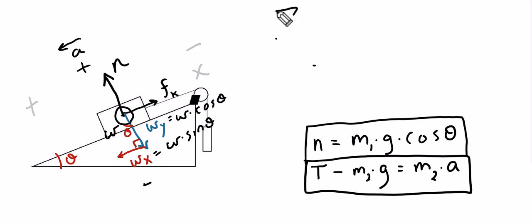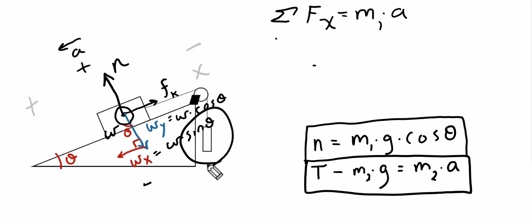We now turn our attention to setting up the second law along the x-axis for the first object. Now, the process in which I did this problem is actually hopefully beneficial to you. So usually I go for the easier things and leave the most difficult for the end. So doing the hanging object, we've done that many times in this class.